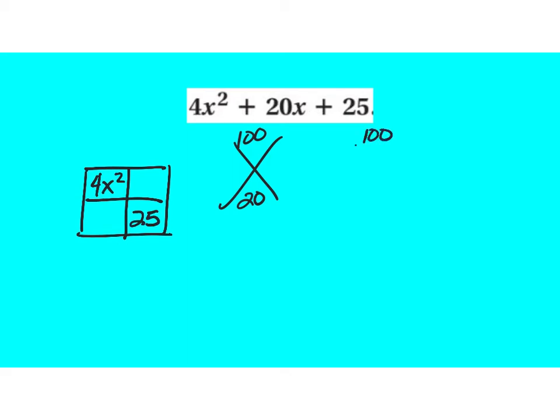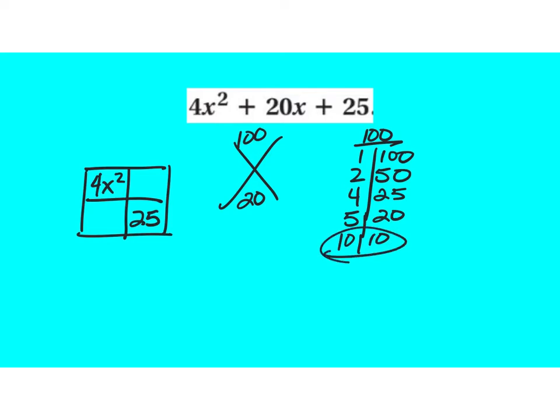Factors of 100 would be 1 and 100, 2 and 50, 4 and 25, 5 and 20, and 10 and 10, I guess, would be where we stop. If I need a sum of 20, we're looking at 10 and 10. So we would have 10x here and 10x here.